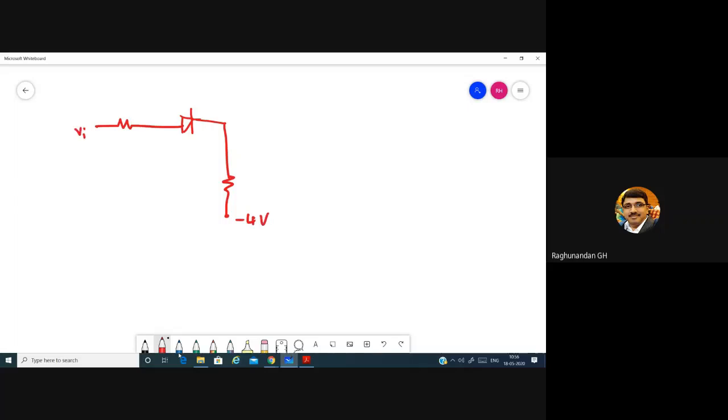This is V in. It is connected like this. If you are very confident, you can apply KVL to this directly and get it. But if you are not that confident, then it is better to rewrite this circuit. So rewrite this circuit first.